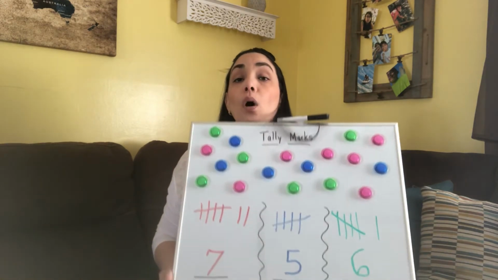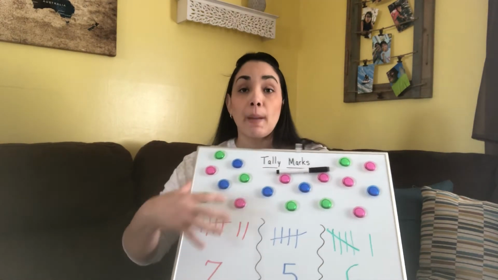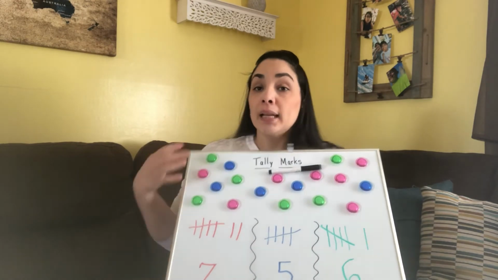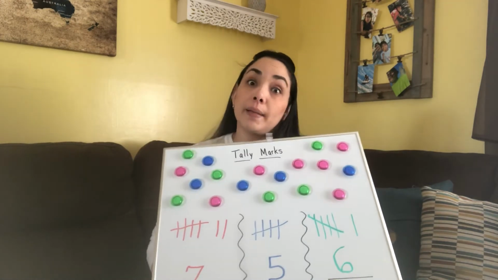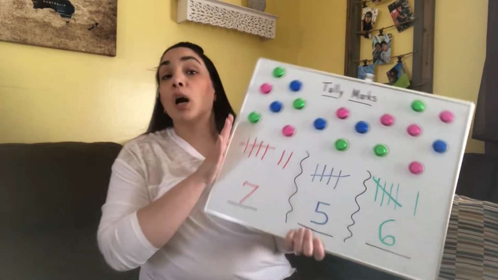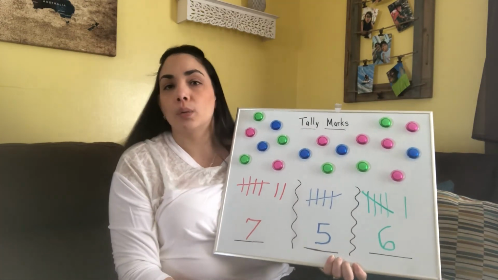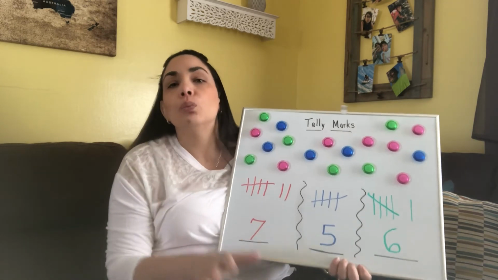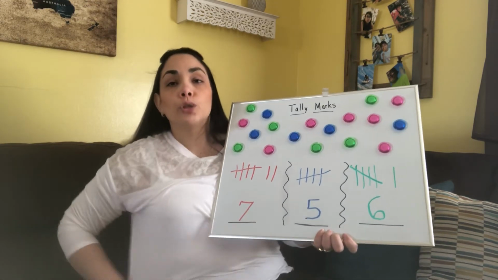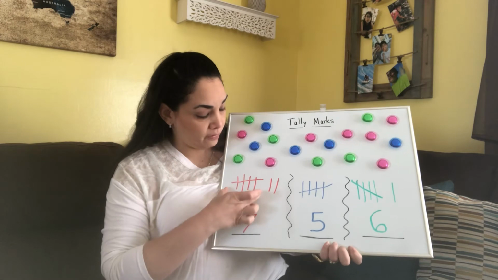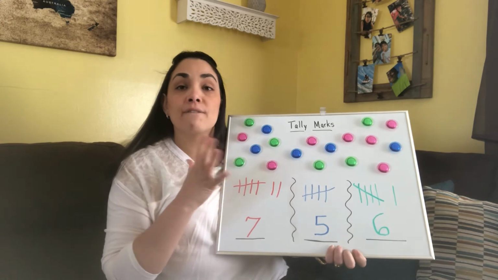So you see, the purpose of a graph is to represent the relationship between different items. If you look at them, it's going to be kind of hard for us to say, hey, I know that there's more pinks than blue ones, or more greens than blue ones. So whenever we have a tally mark or a graph like it, it's easier for us to count, because one group or one bundle has 5 tallies.